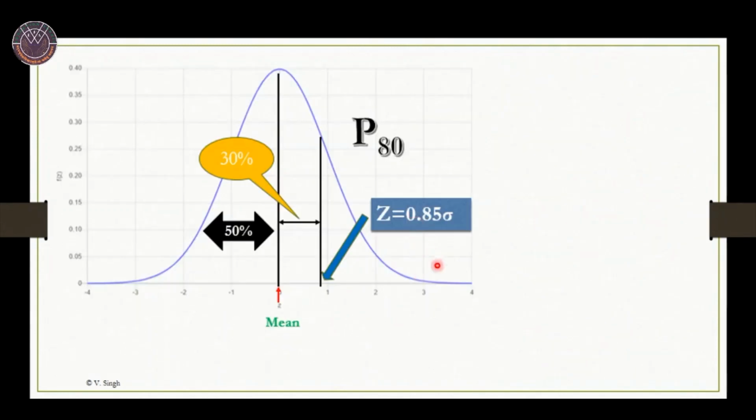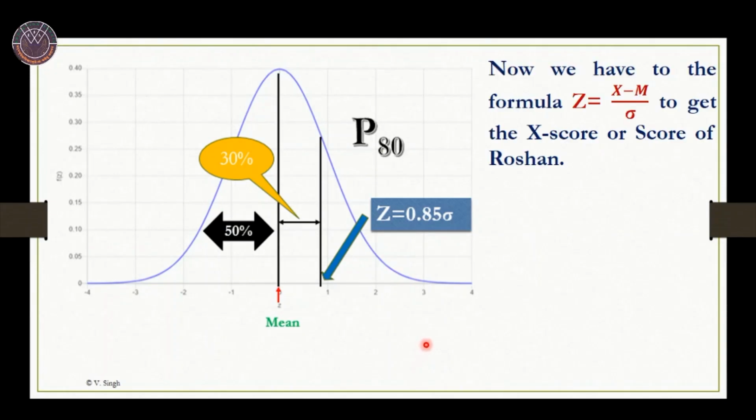Further, to solve this problem, we will use the Z score formula. We know the Z score formula as Z equals (X minus M) by sigma. In this problem, we have to find the X score. We have got the Z score, we know the mean value, we know the sigma, so we can substitute here and easily get the X score.